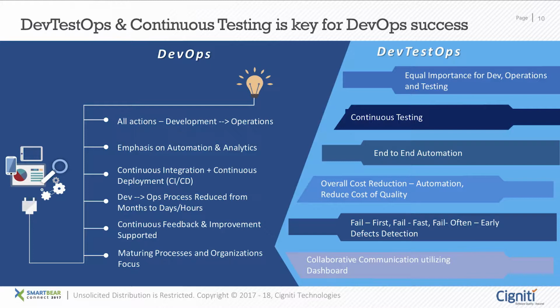But from a DevTestOps perspective, equal importance has to be given to testing with respect to development and operations, for the fact that anything you push has to be tested. That's where the software development engineer in test has been coined, where you would have people who understand not only simple functional testing, but automation, from both a functional and a non-functional aspect.